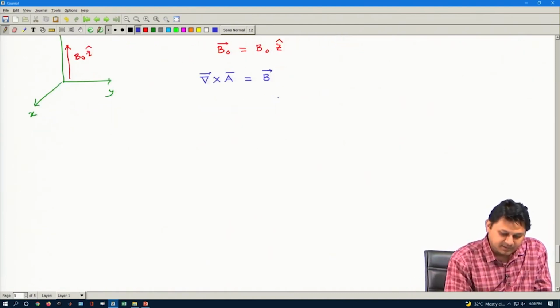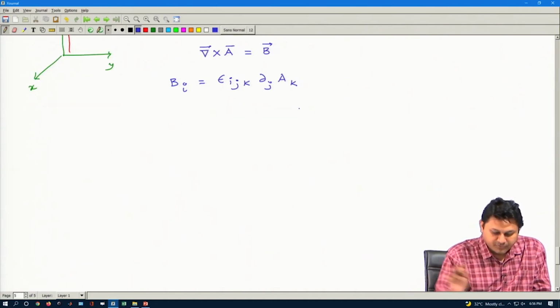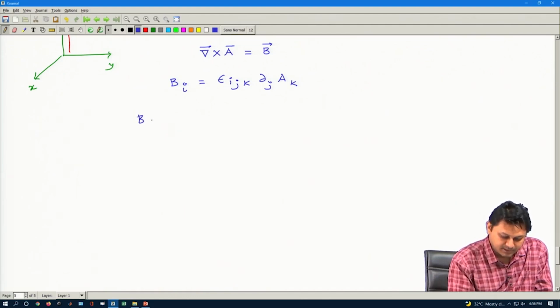The ith component of B is simply epsilon i j k del j A k. If I want to find the x component, B x, it is del y A z minus del z A y, and that is 0.